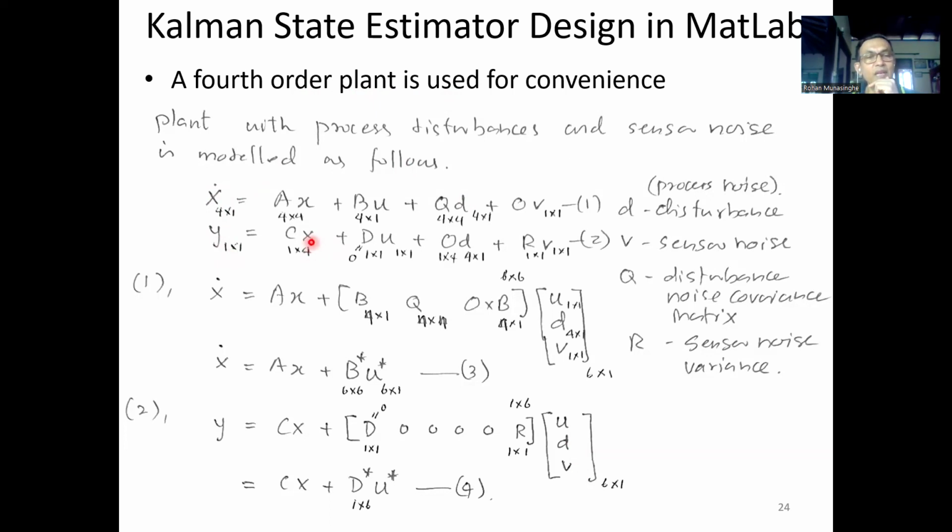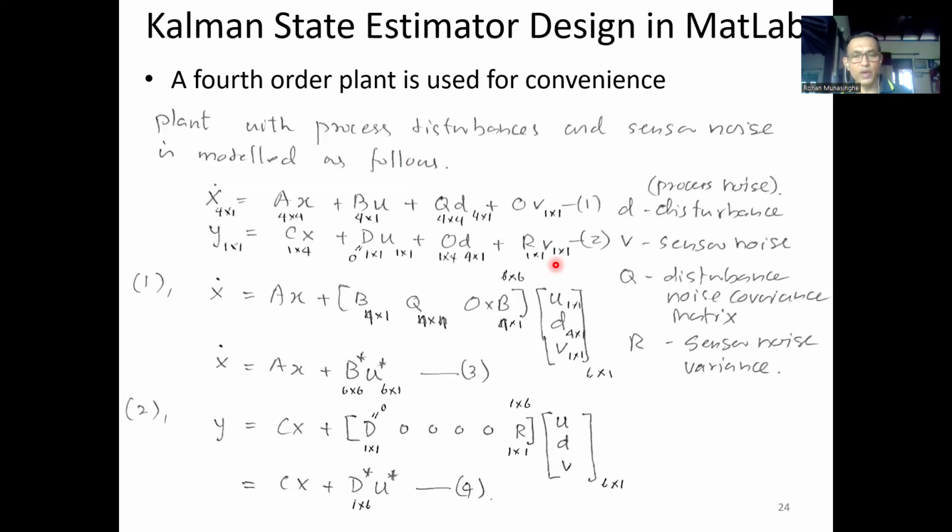So C is 1 by 4 because X is 4 by 1. U is 1 by 1 because you have only one control signal. So therefore D is 1 by 1. Likewise, I have written the sizes of the matrices. You can have a look at it later, leisurely, and figure out how long the vectors are, how tall the columns are. This is a fourth order system.